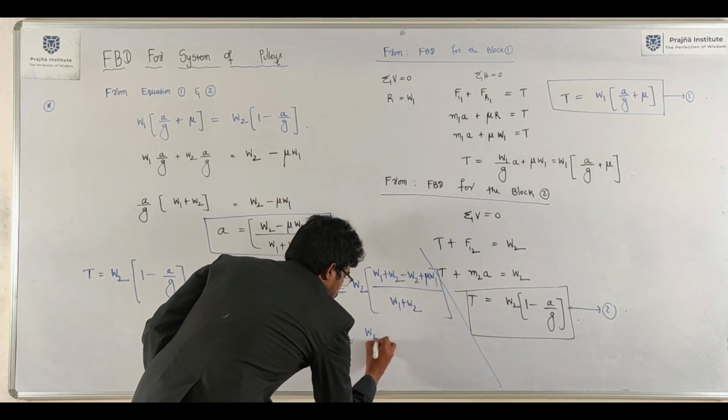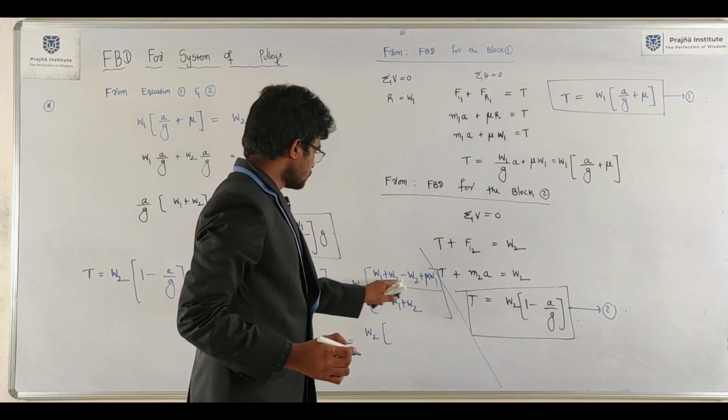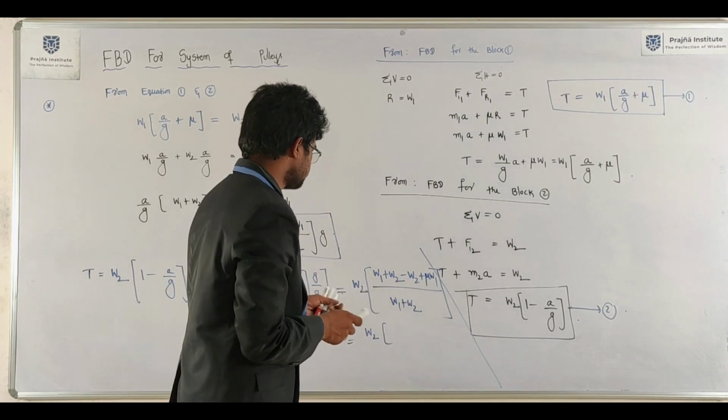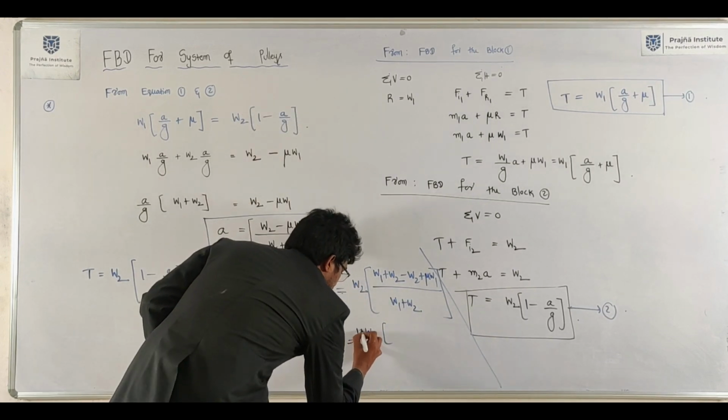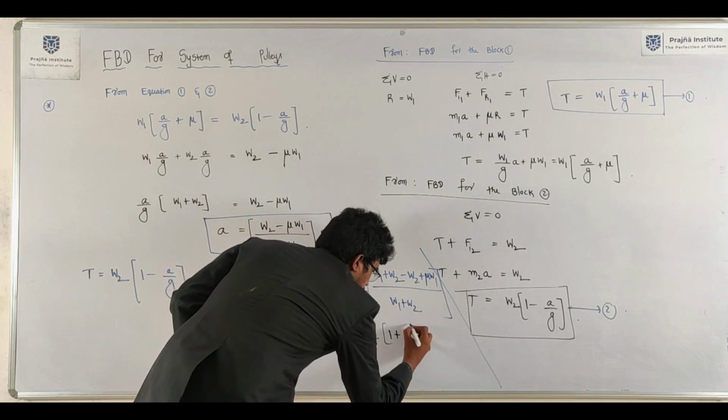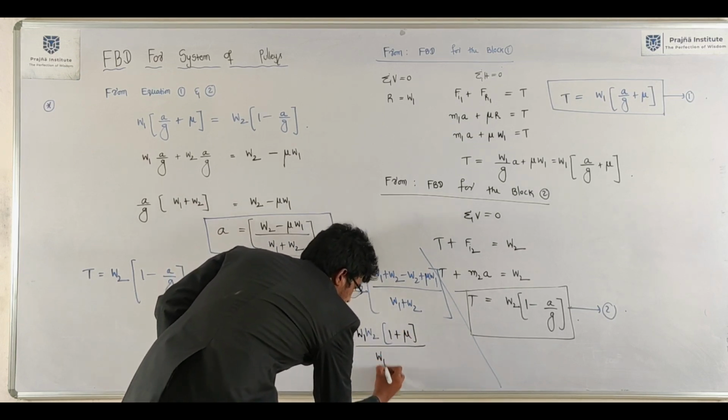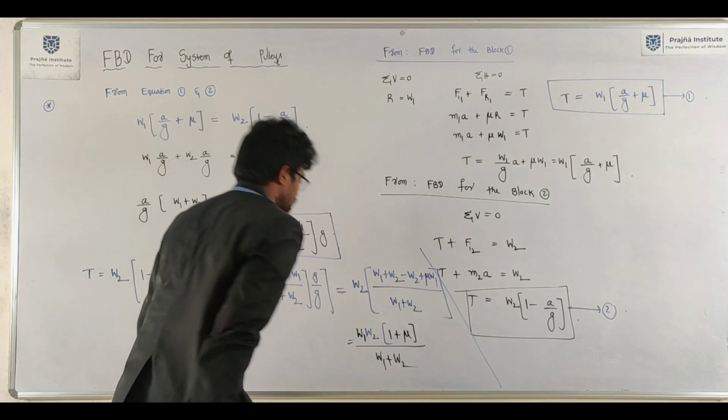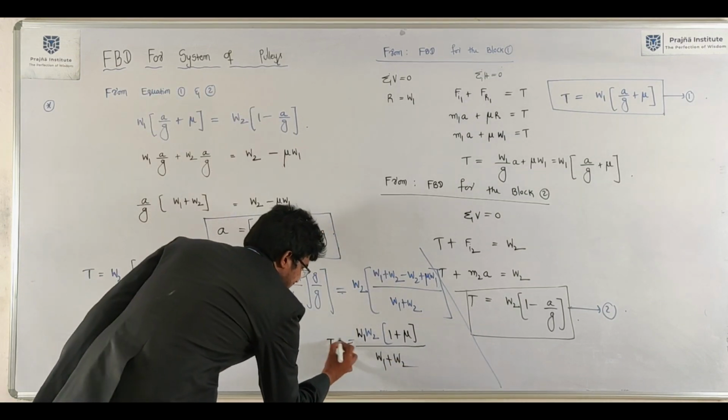W2 gets cancelled out. W1 taken common, 1 plus mu, by W1 plus W2. This is the tension in the string.